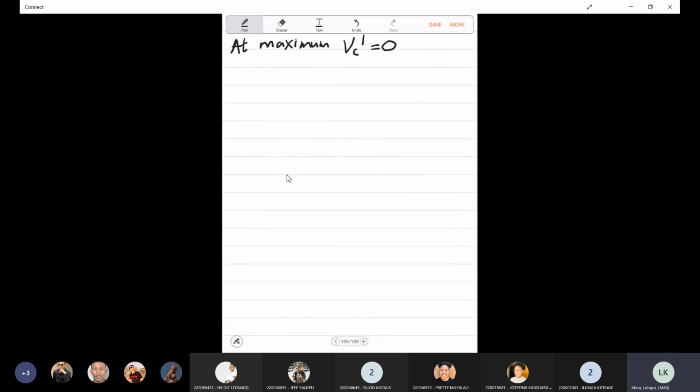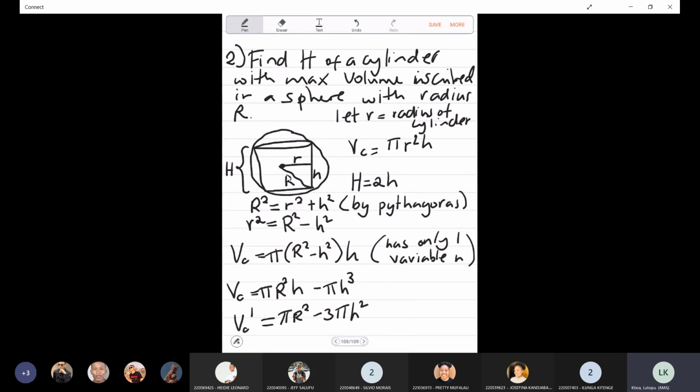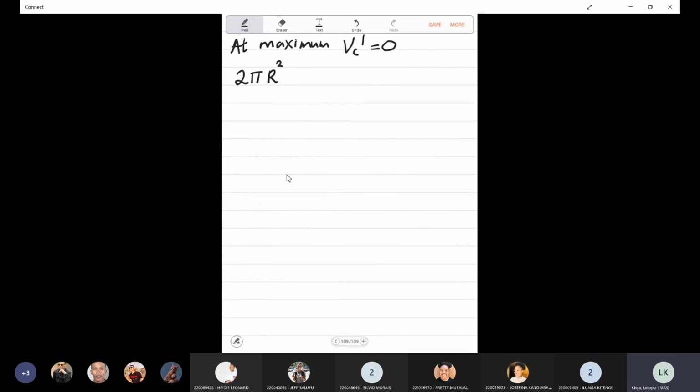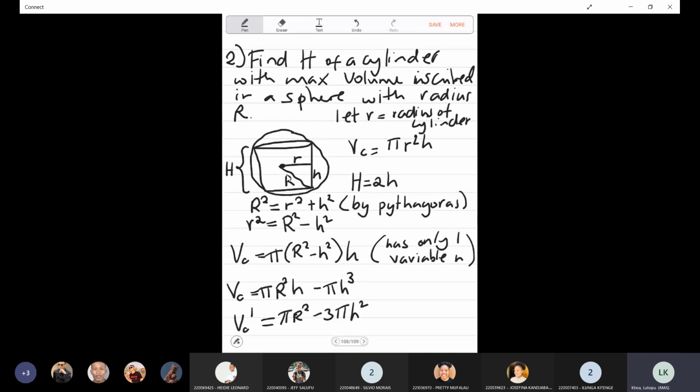So doing that, we have 2 pi capital R squared minus, did we differentiate it? Okay, so I'm missing something. I have h here. Okay, all right, doesn't really matter.